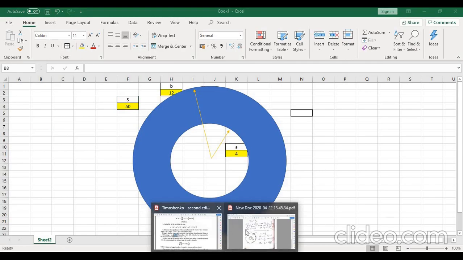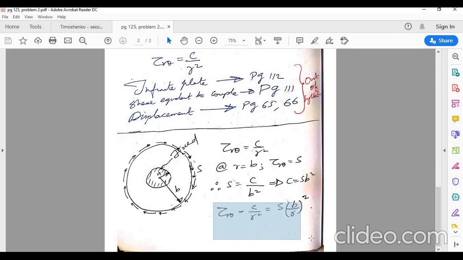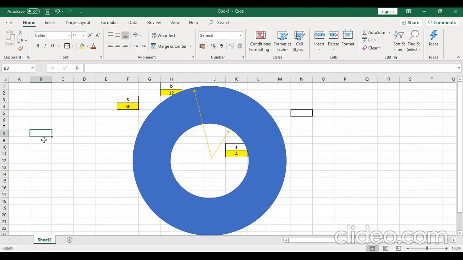Now this is the expression for tau r theta we had arrived at, right? So let me try to plot this. To plot that I need some points. So let me take points as a fraction, 0, 0.2, and so on. Let me take 5 or 6 points here.